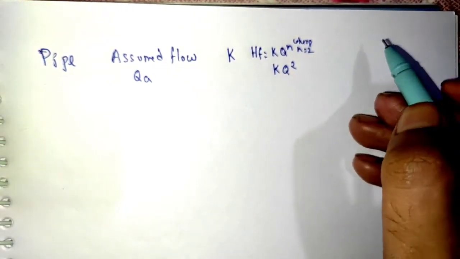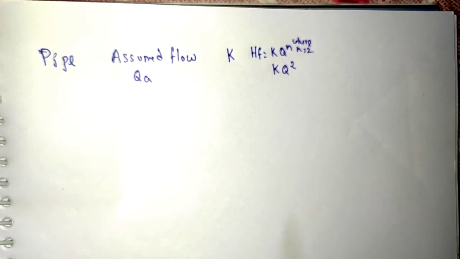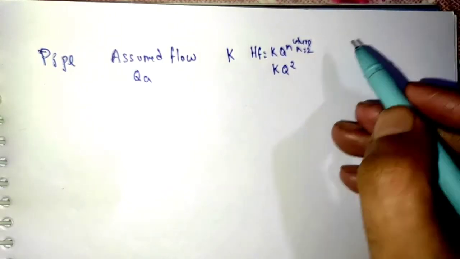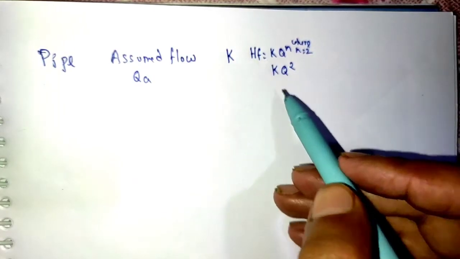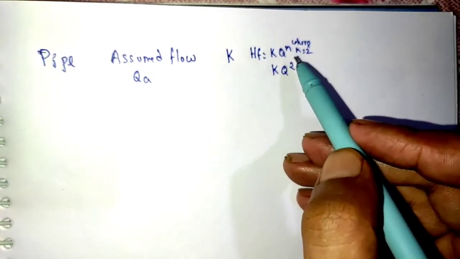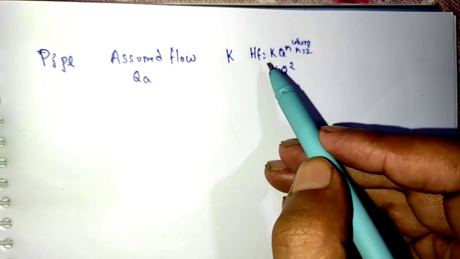Now in the next column, we are only using our formula, that formula that I had written at the start of this numerical. In that formula, the numerator was sigma HF. So we will calculate HF for the different pipes and add it up to find the value of sigma HF.